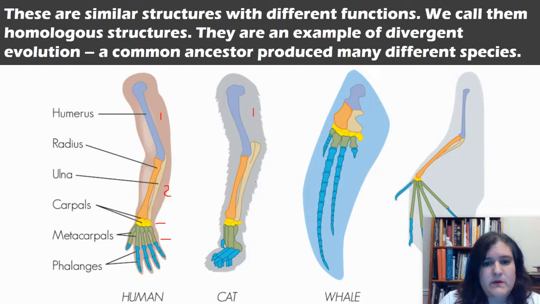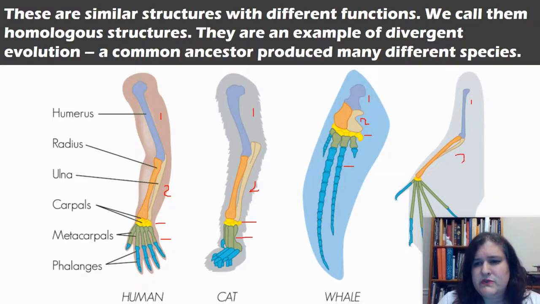The cat has 1 bone, 2 bones, little bones, digits. The whale, 1, 2, little bones, digits. The bat, 1, 2, little bones, digits.